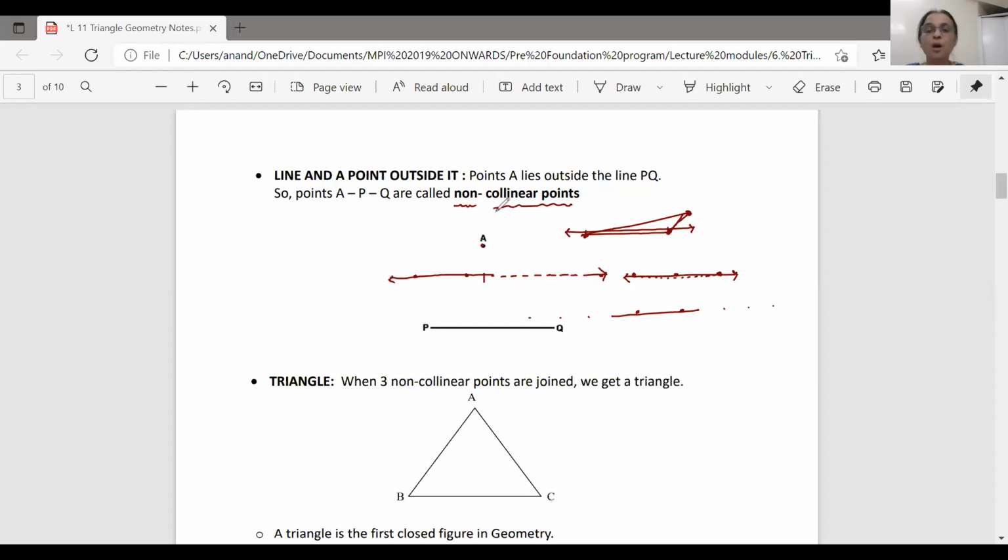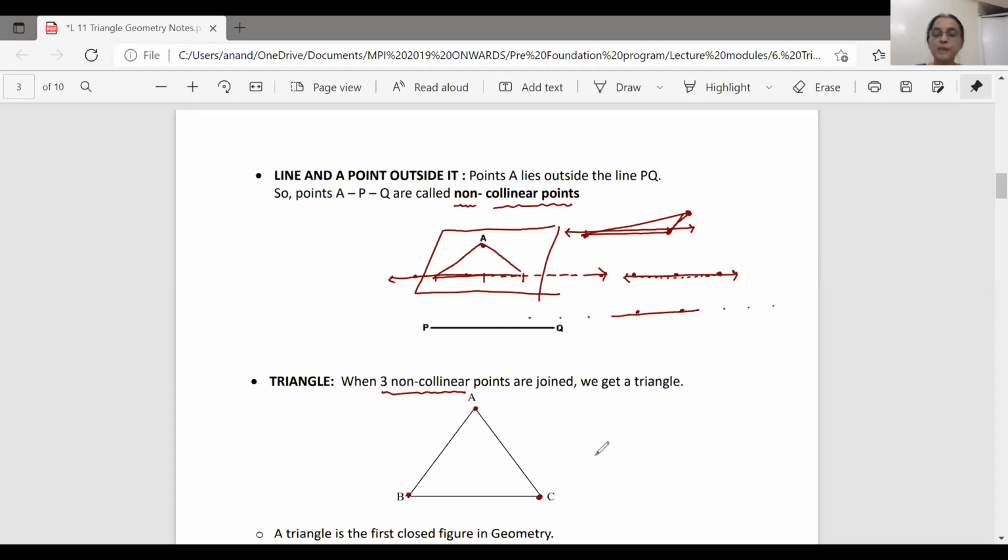To draw a triangle, I will need at least 1 point which is not lying on that line, but it lies in that plane. Then I will be able to connect those points to draw a triangle. So to draw a triangle, I need 3 non-collinear points. And when I connect these 3 non-collinear points, I get a closed figure.